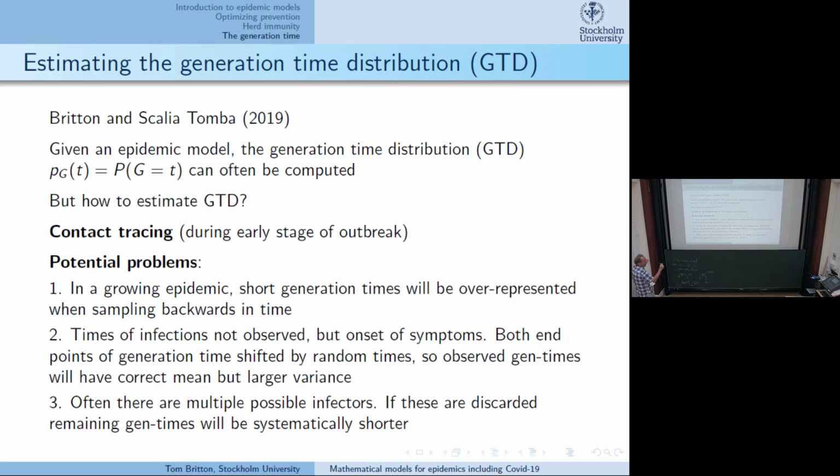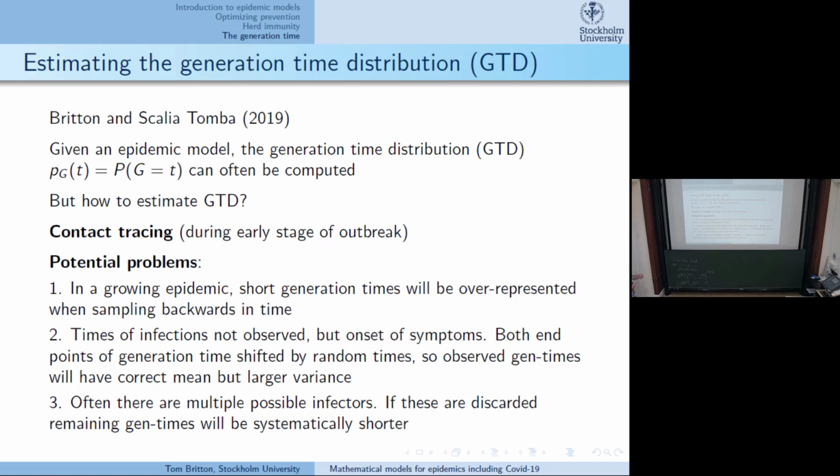So the mean is the same, but if you add a delay in both ends, the variance will typically become bigger. So you will have a correct mean, but if you estimate it from these shifted things, you will have a larger variance.